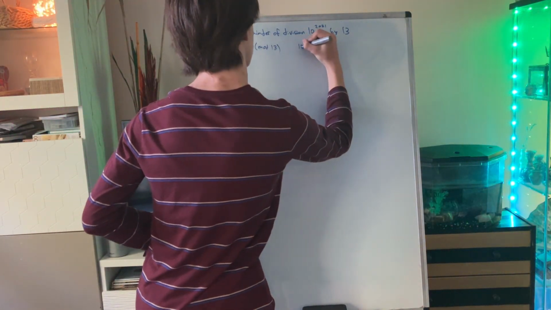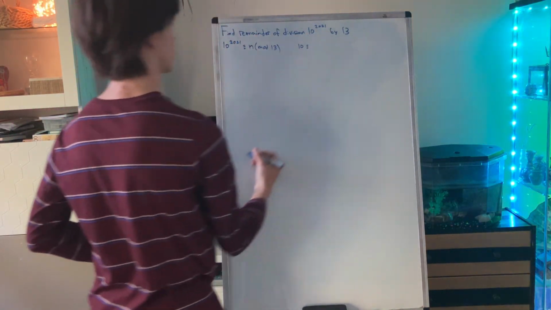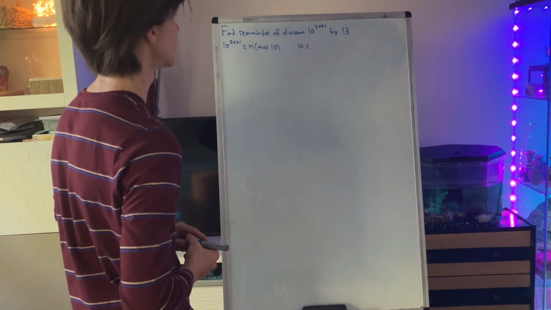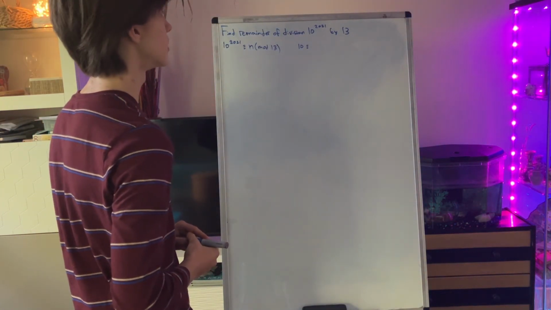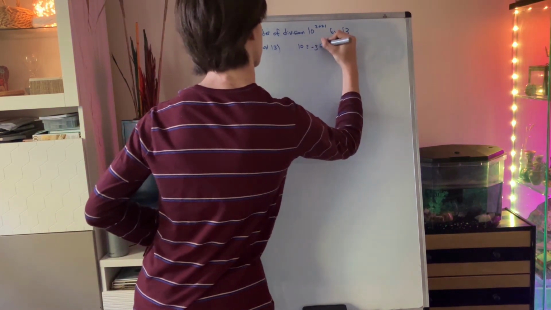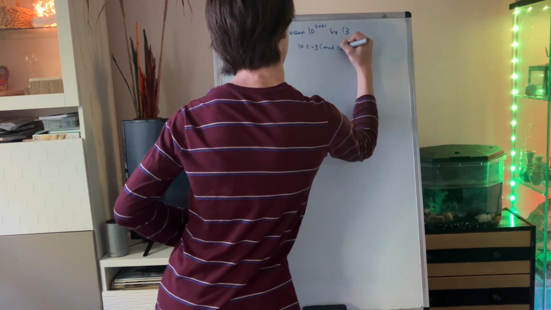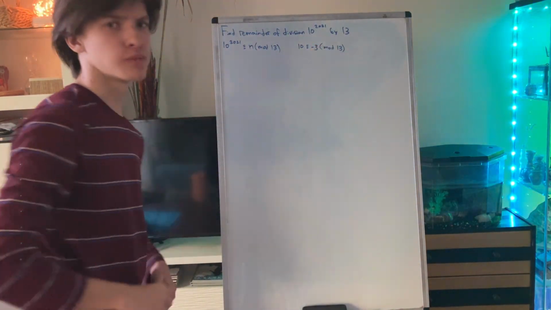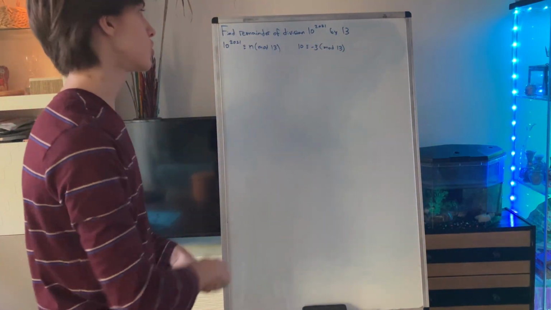So 10, let's again look at it and try to diminish this to a decent state. 10 is congruent to, seems like -3 mod 13, right? Or 7 mod 13. But I think -3 is the better choice here. If you add 3 to 10, and if you add 3 to -3, you both get 0 mod 13. This should make sense.